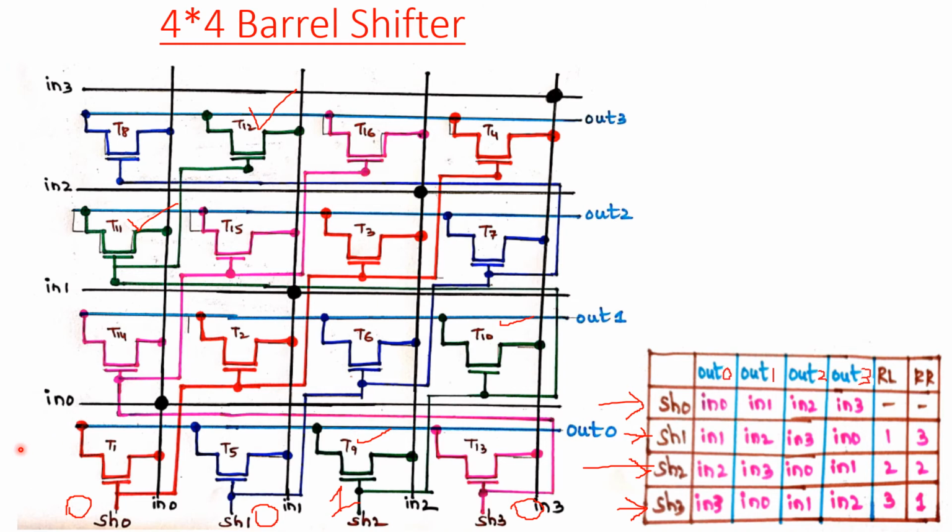So for a 4x4 barrel shifter, we'll need only 4 control signals. By interconnecting the transistors in a staircase form, that is, interconnecting transistors in groups of 4, we can reduce the number of control signals, thus the complexity can be reduced, and the short circuit problem of the crossbar switch can be overcome using a 4x4 barrel shifter.